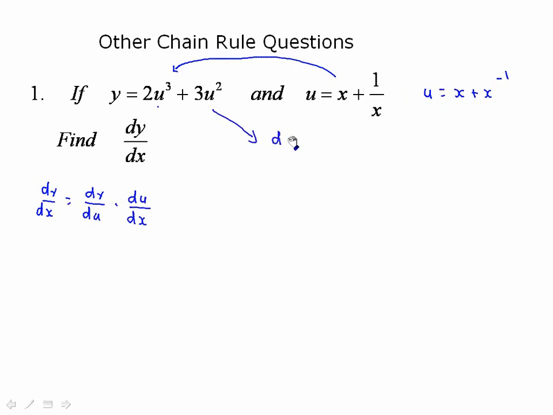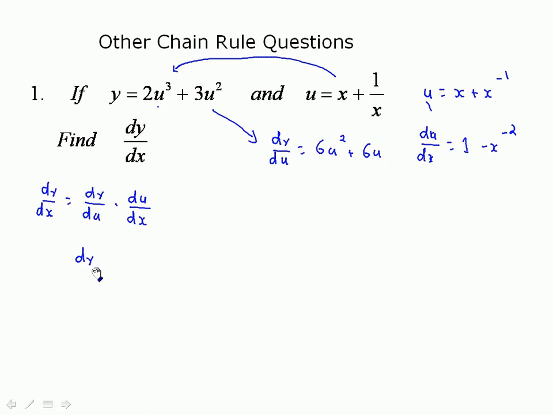So dy du would be equal to 6u squared plus 6u. And then the derivative of u with respect to x is equal to 1 minus x to the negative 2. So that's du dx.